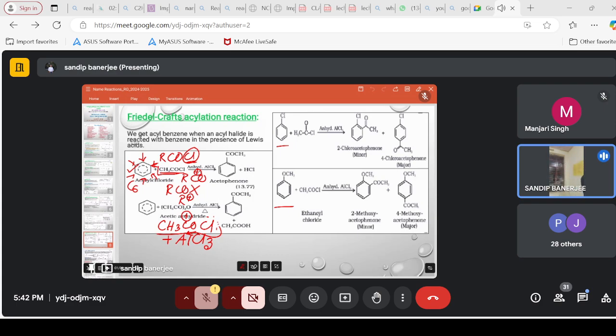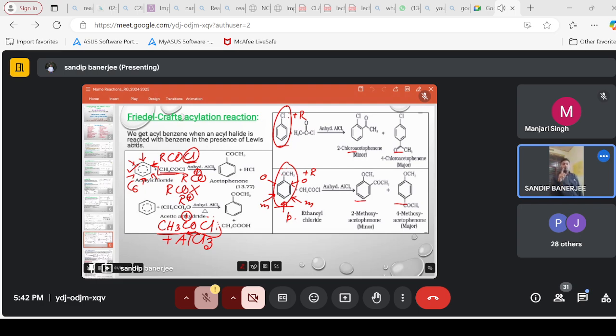But whenever you are taking chlorobenzene or anisole as the starting material, then by the +R effect of the chlorine and by the +R effect of the lone pair of the oxygen, the ortho positions and para positions become electron rich. On the contrary, the meta positions are electron deficient. So ortho positions and para positions will get this electrophile. So we will get two products as usual.